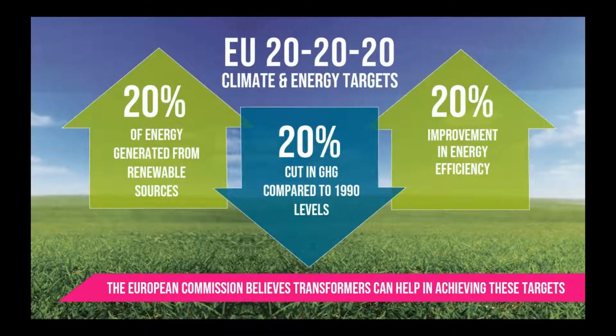But to talk about how the conversation about transformers came about, the European Union released something called the 2020 climate and energy targets. They wanted to get 20% more energy from renewable sources, cut greenhouse gas emissions by 20% compared to 1990s levels, and improve energy efficiency by 20%.